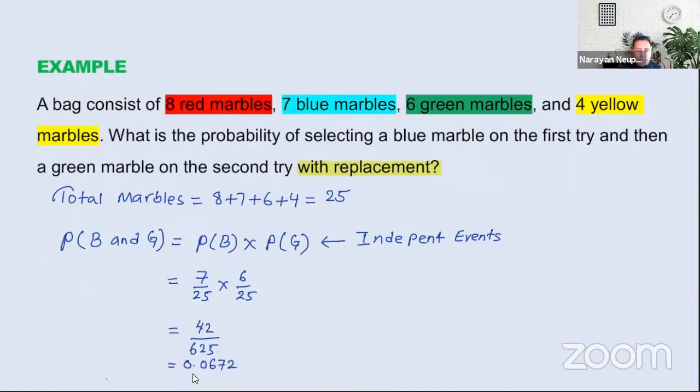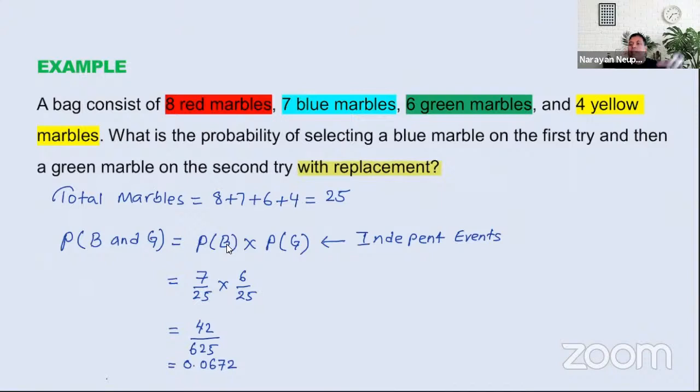Make sure you check it on your calculator also. It should be 0.0672.